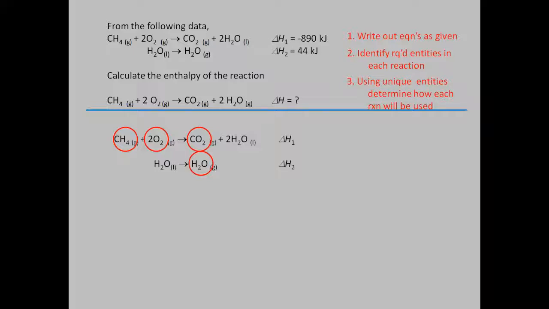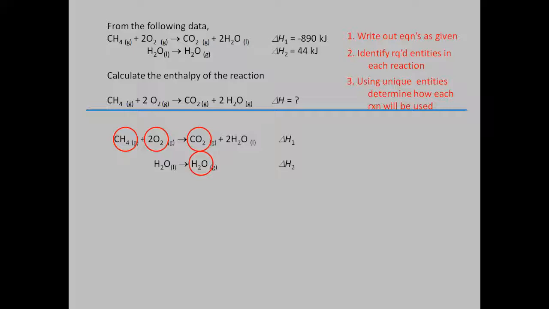In my first reaction, I have 1 methane, and I have 1 methane in my target equation. The methane in the first reaction is in the reactants, and in my target equation it is also in the reactants. That suggests that I'll use my first reaction as is. But for my second reaction, I need 2 gaseous water, and the reaction only has 1.